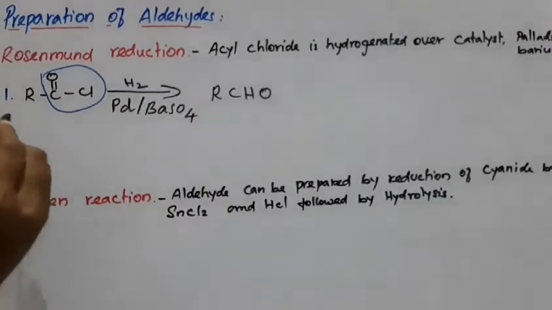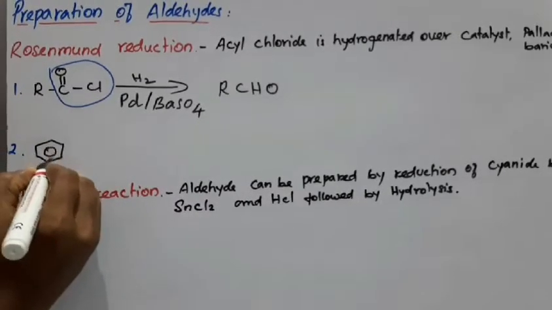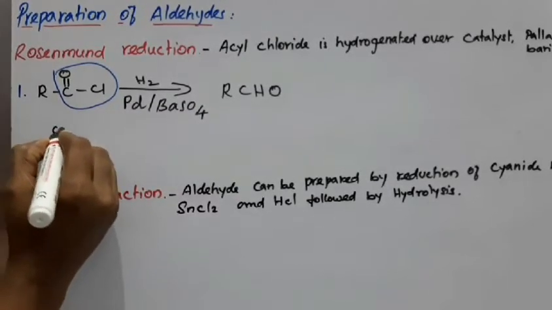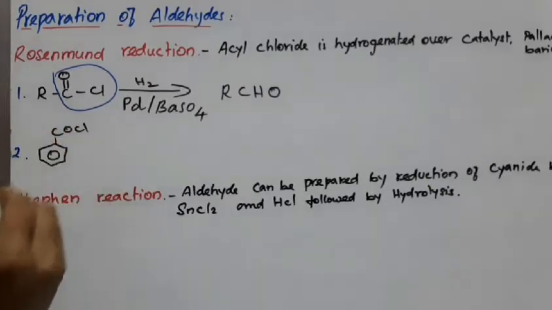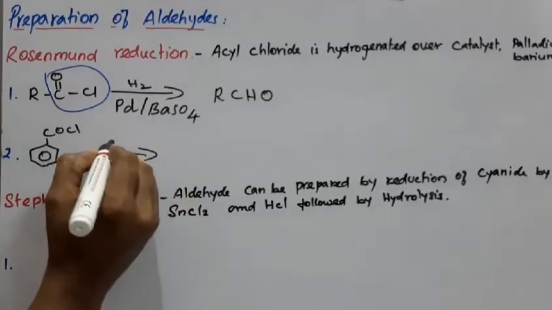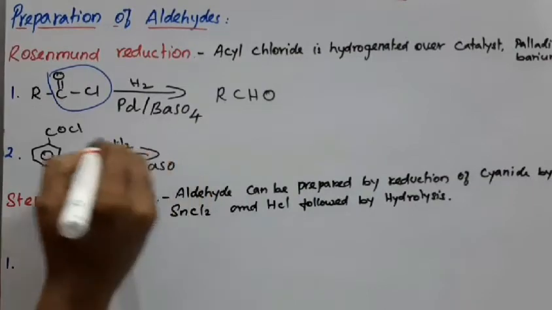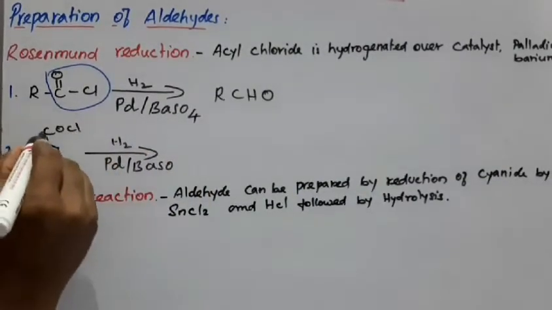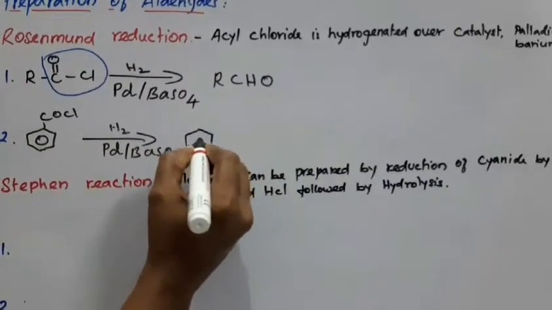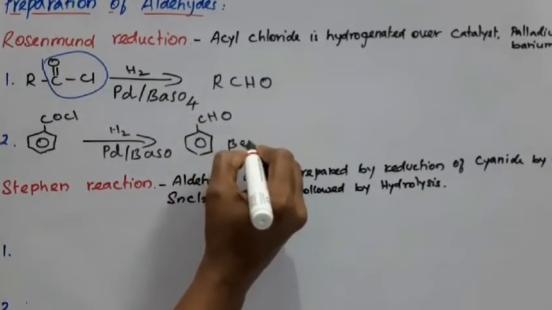The same thing with aryl acyl chloride: this is benzene with COCl, benzoyl chloride, and in the presence of hydrogen and palladium barium sulfate it is converted to give aldehyde, benzaldehyde.